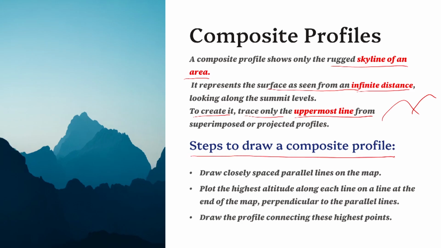Steps to draw a composite profile: draw closely spaced parallel lines on the map, and plot the highest altitude along each line on a line at the end of the map, perpendicular to the parallel lines. Draw the profile connecting these highest points. Only the highest points we draw, the lower points we erase. That is called the composite profile.